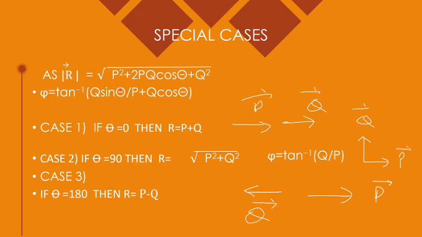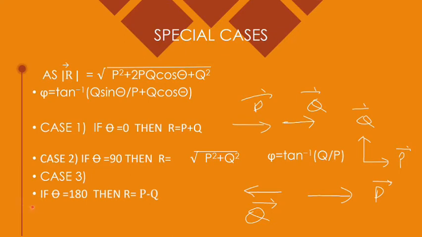So you are left with the magnitude of R, with the modulus sign and arrow, coming out to be the square root of p square plus q square. In this case, phi comes out to be tan inverse of q upon p. So where the resultant will go depends on the magnitudes of q and p: it will come closer to the p vector or closer to the q vector.